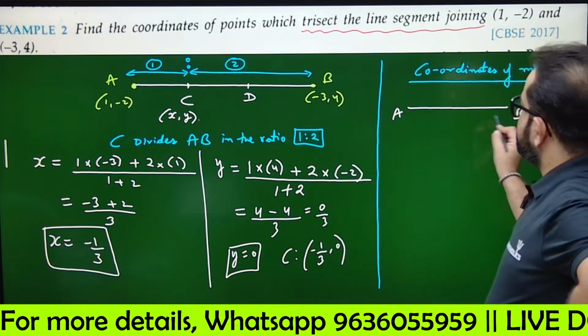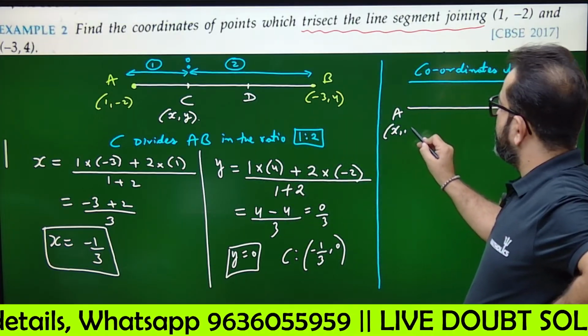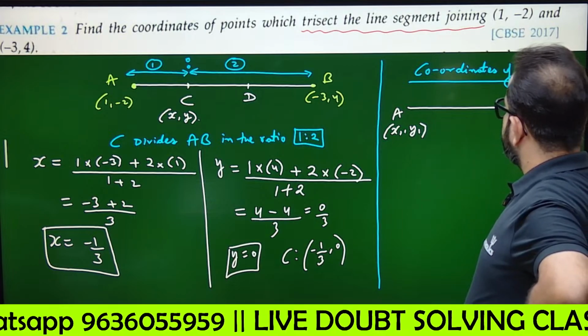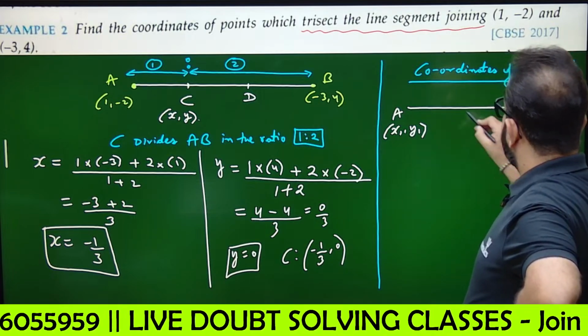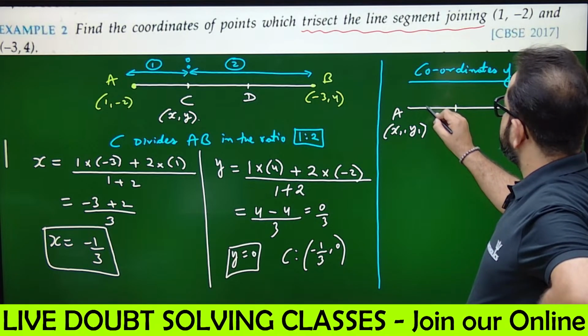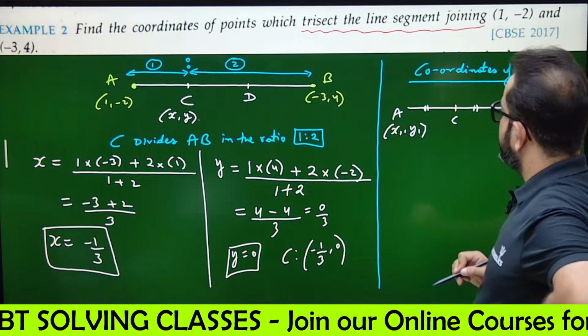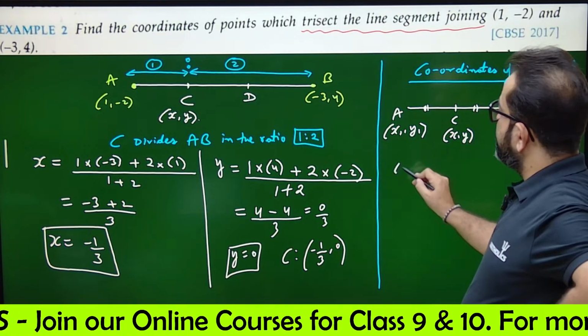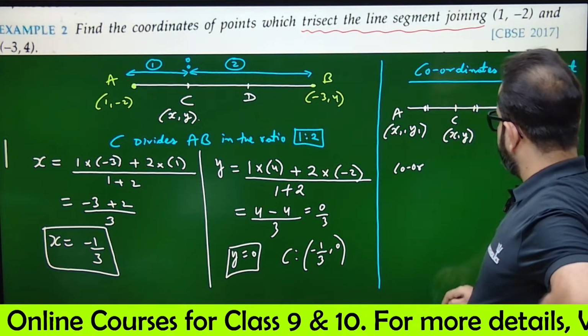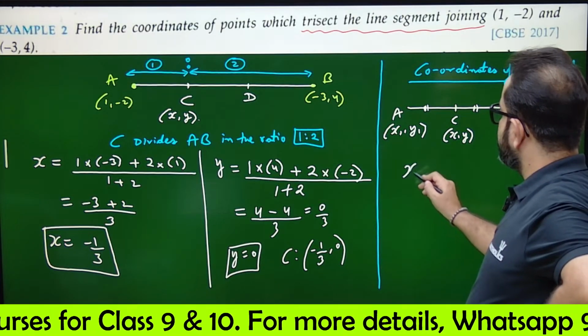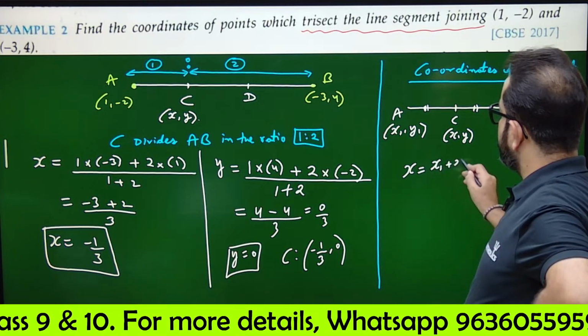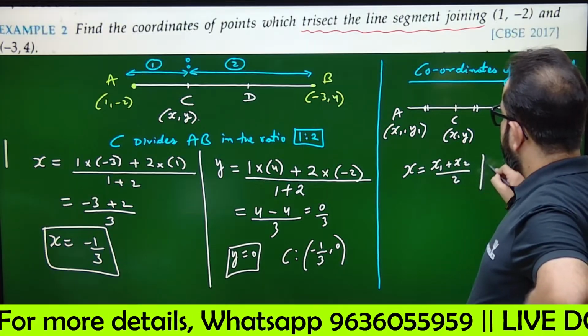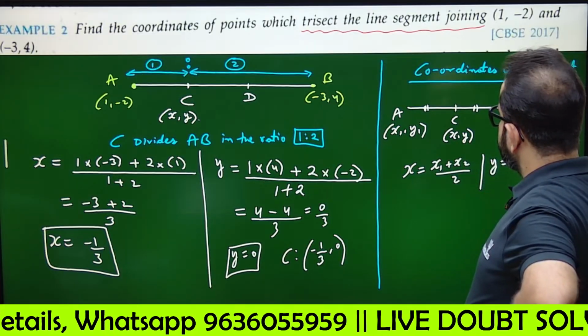If this is AB and this is x1 comma y1, this is x2 comma y2, and if C is the midpoint, that means this part is equal to this part. So the coordinates of C are x comma y. The coordinates of the midpoint can be given by x equals x1 plus x2 by 2, and y can be written as y1 plus y2 by 2.